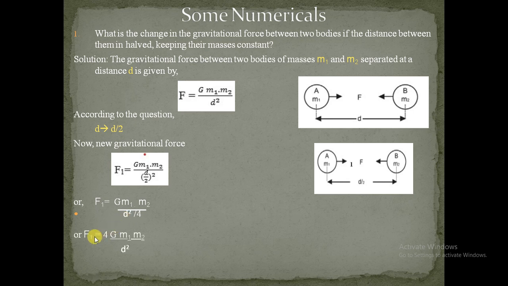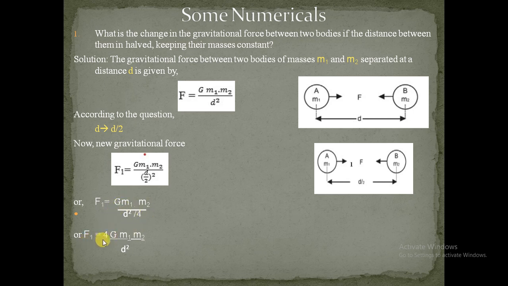Next step, you can just see here d square by 4. We change that into its reciprocal form, and this 4 comes off. The fraction is changed into reciprocal form while coming off.